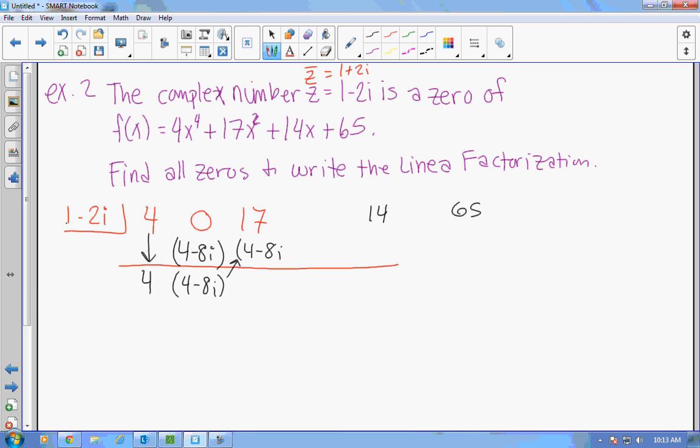Negative 2i times 4 is negative 8i. And negative 2i times negative 8i is positive 16i squared. I think I heard negative 16 out there, but negative times negative would be positive 16i squared.